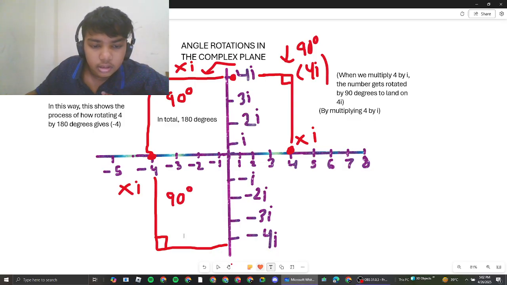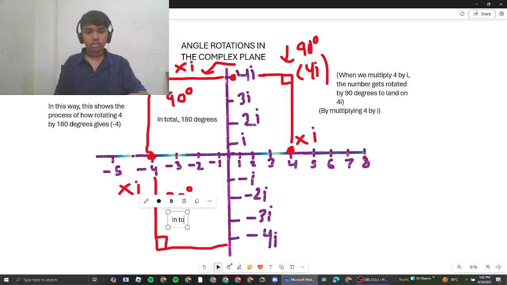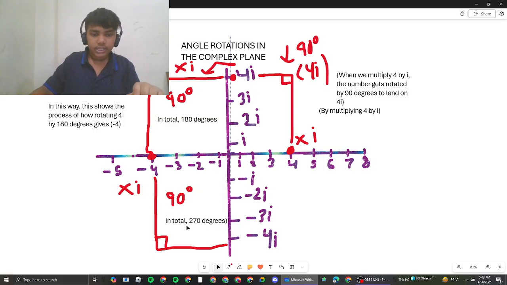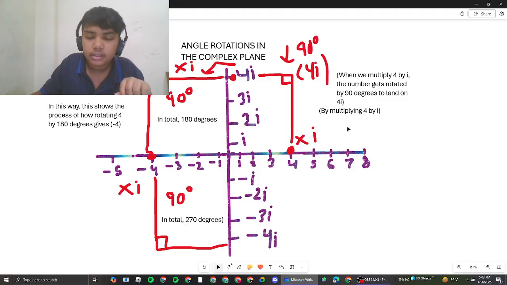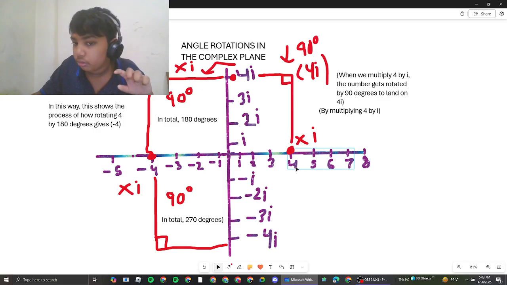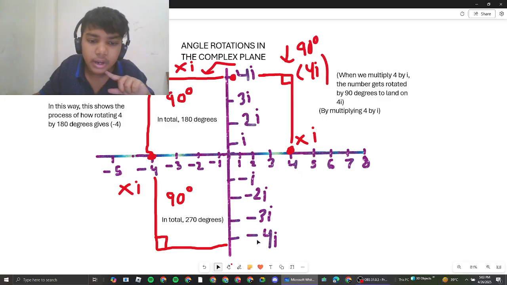So in total 180, in total 270 degrees, because we have to add 90, 90, 90, 90 degrees. When we rotate by 270 degrees, we're down to -4i.